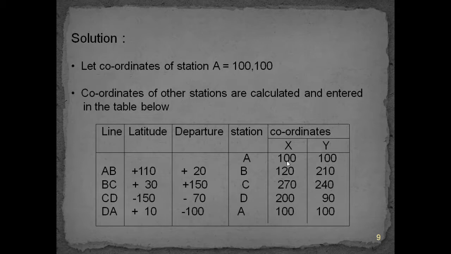So for the departure: 100 plus 20 is 120, 120 plus 150 is 270, 270 minus 70 is 200, minus 100, it is 100.